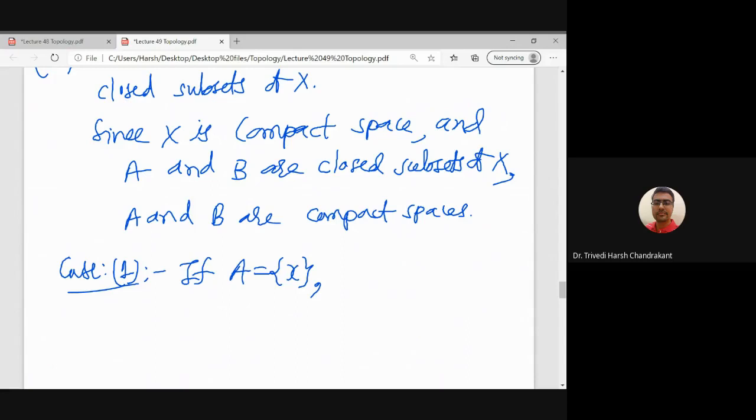So if A is a singleton set, then for each Y belongs to B, because A and B are disjoint sets.